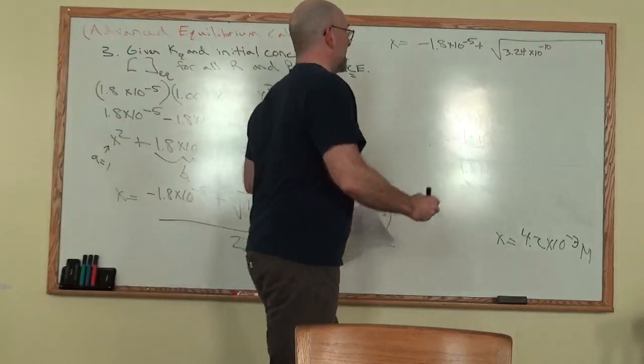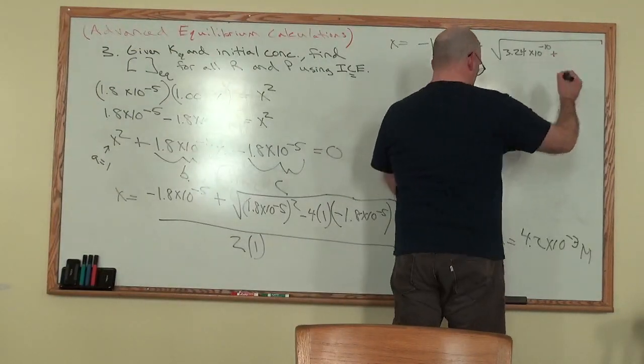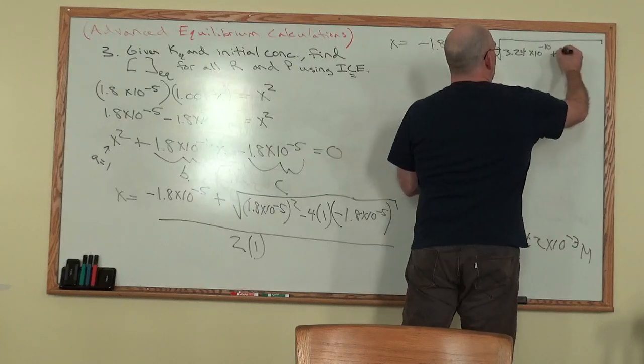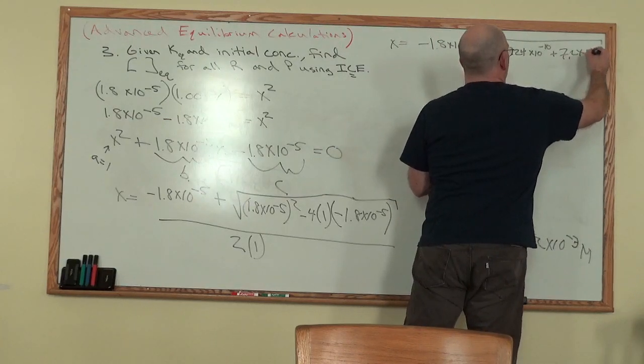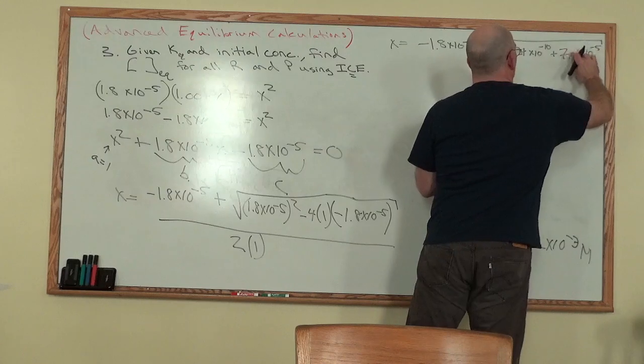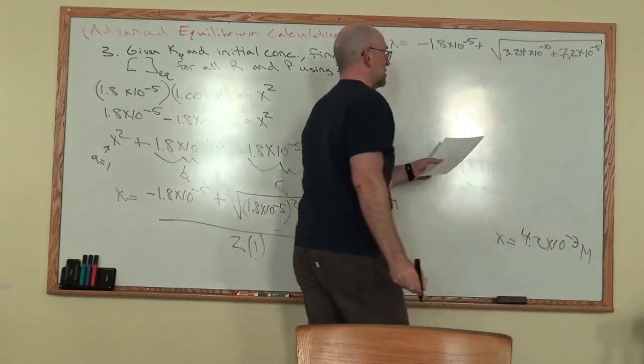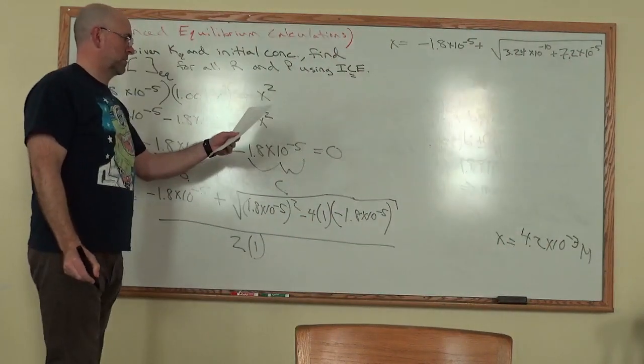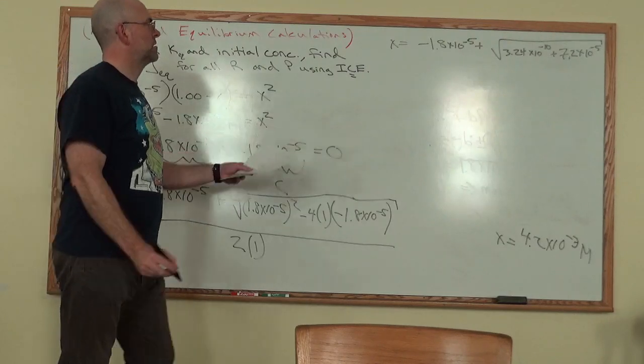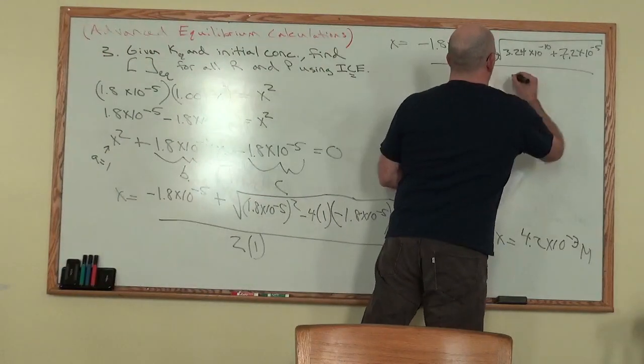And that's negative times a negative, so that's going to be plus 7.2 times 10 to the minus 5. All over 2.